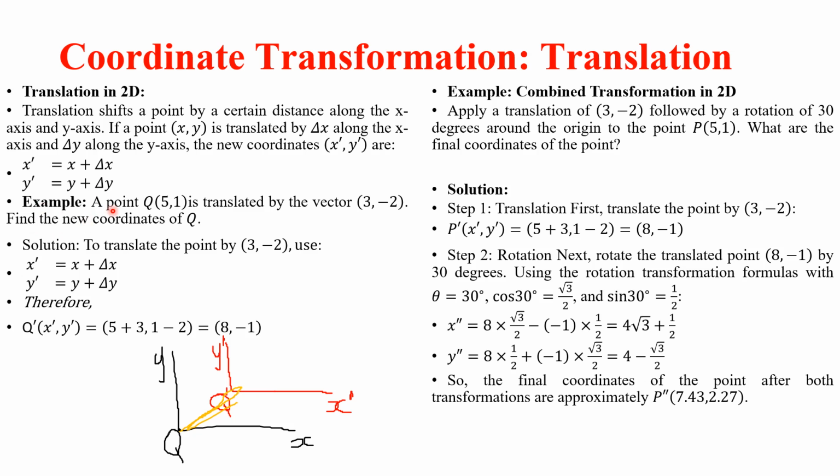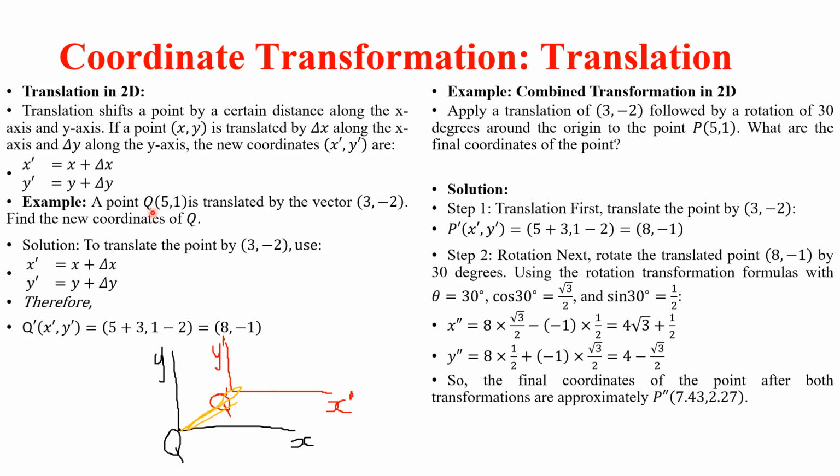So now take, for example, a point Q, 5, 1, that is x equals 5 and y equals 1, translated by a vector 3 and -2. Now let's find the new coordinate of Q. Just simply plugging in these values with the translation that occurred along the x and y axis, of course this vector here.